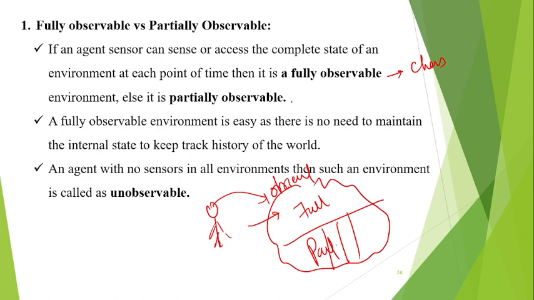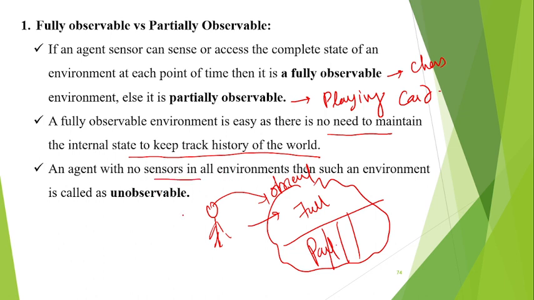Whereas for partial observability, we have a playing card game, in which we can observe only part of the environment. A fully observable environment is easy, as there is no need to maintain an internal state and keep track of the history. Whereas if the agent has no sensor in the environment, then such an environment is unobservable.